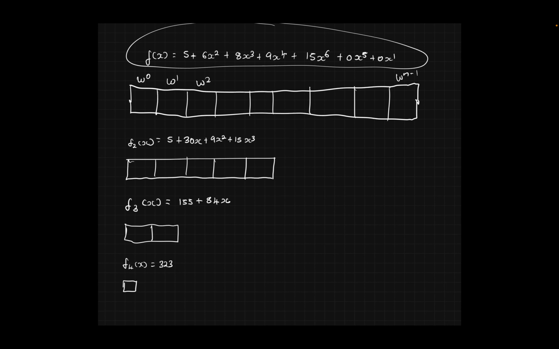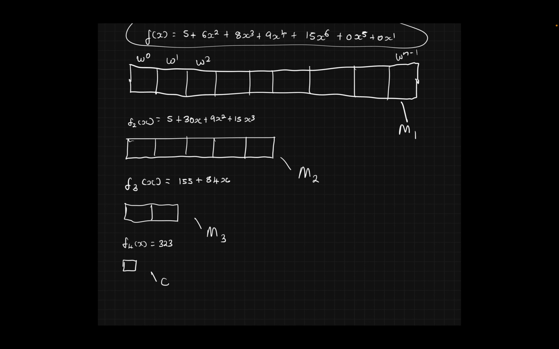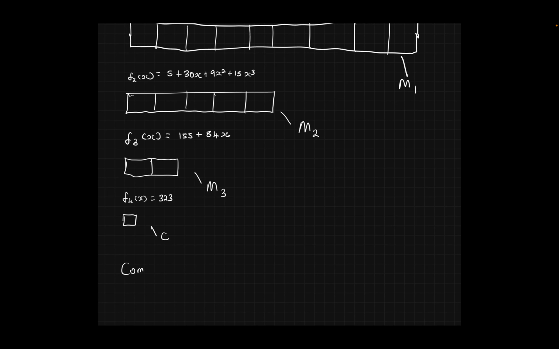Cool. So the proof is basically the Merkle root of the commitment, sorry. Merkle root of this, Merkle root of this, Merkle root of this, and then this one is the actual constant. So the commitment is equal to, does it make sense?